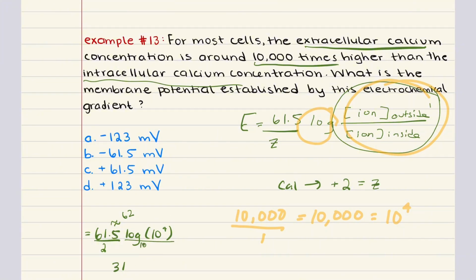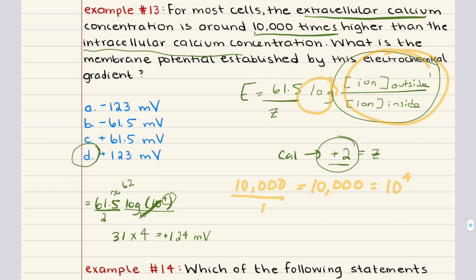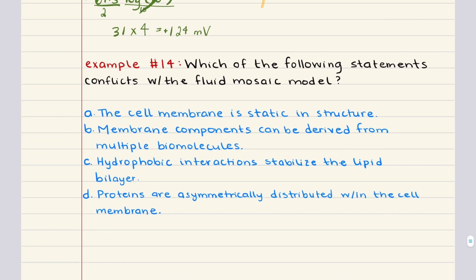Now log has a base of 10, so these 10s cancel out, and our answer for this part is just 4. 31 times 4 is equal to 124 millivolts, and this value is very much positive. And it's positive because calcium has a positive charge, so that makes sense. The answer choice that's closest to this is going to be D. So 13 is D. We can now move on to problem 14.